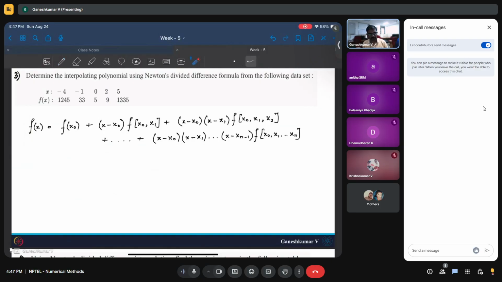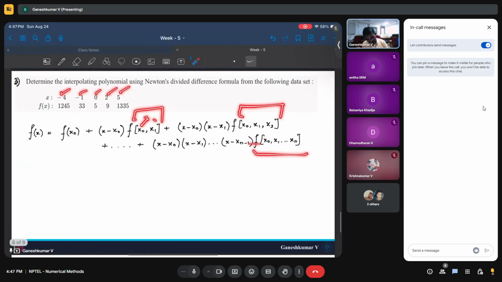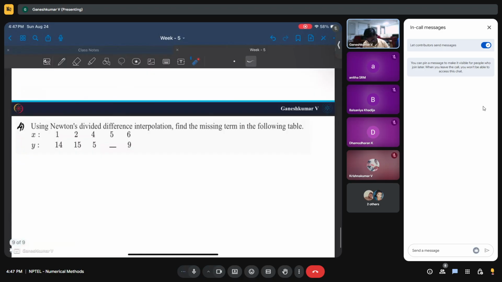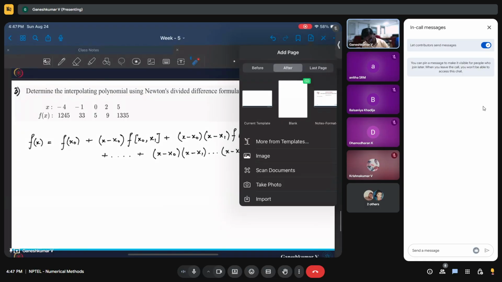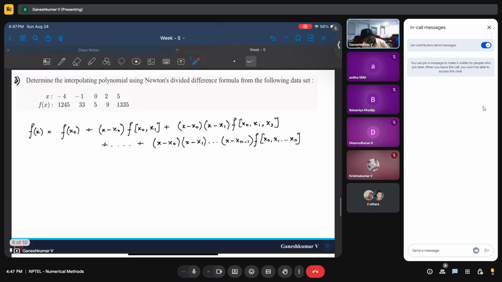Since you want to find out the polynomial, you just keep the x as such. You do not substitute any value for it, but you know the x0, x1, x2, x3 and x4. Based on that, you find these divided differences, and then finally you substitute them in this relation. Okay, so that's it. So let's try to solve this.